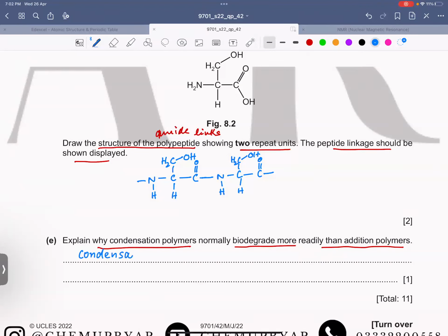So condensation polymers can easily hydrolyze.